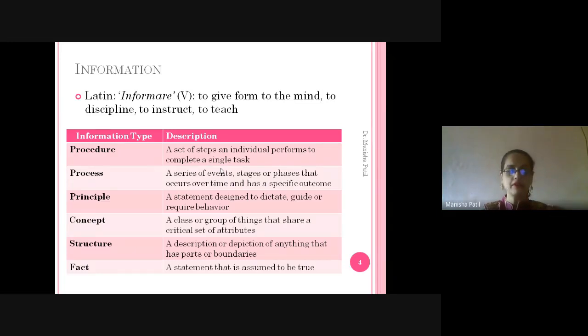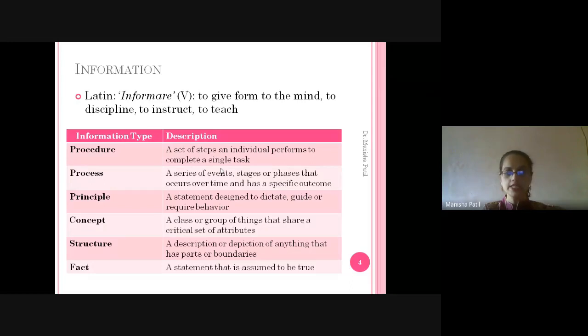Then the second type of information is process. A series of events, stages or phases that occurs over time and has a specific outcome. Please note down all the points.